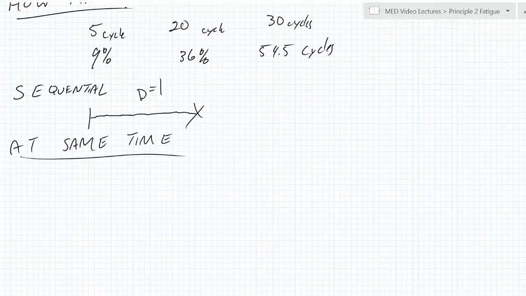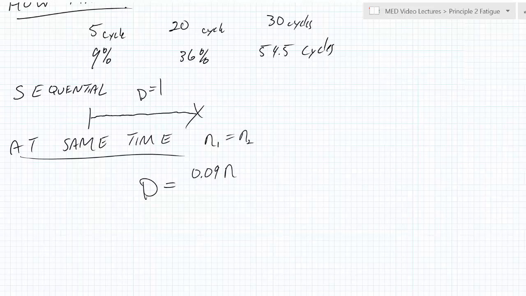So we know the cycles that damage will be happening at about 9% of the cycles that it's going to go under. So if this is the same time, then N1 equals N2 equals N3, right? So all the cycles that it's going to be happening at the exact same time. So we can solve for what N is and look at that damage.